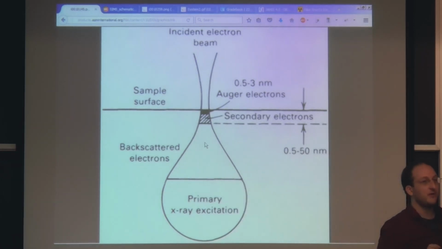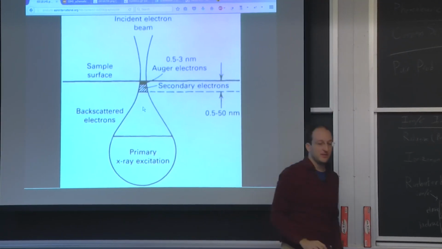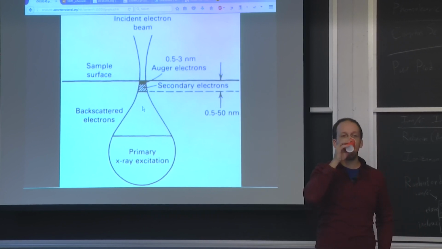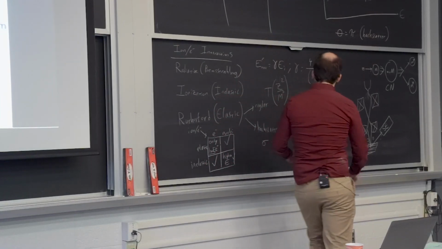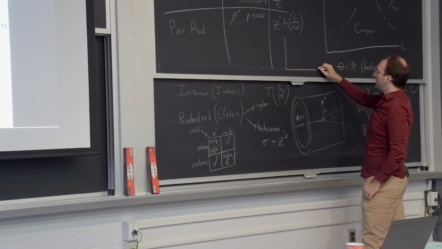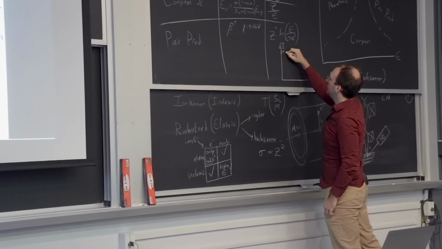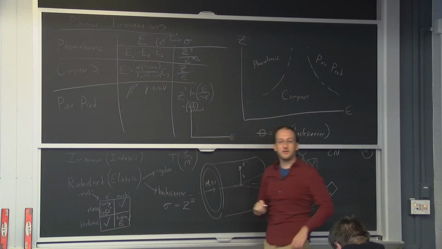Why do you think that the X-ray excitation would happen near the end of the path of the electron beam, from what you know about stopping power? Or, if I asked you to draw a graph of, let's say, energy versus stopping power for ionization, what would it look like?